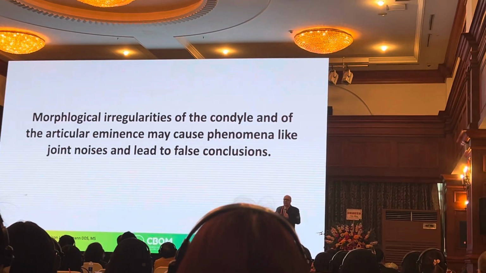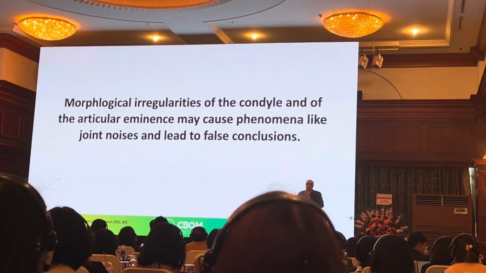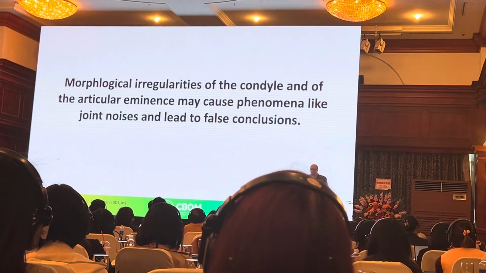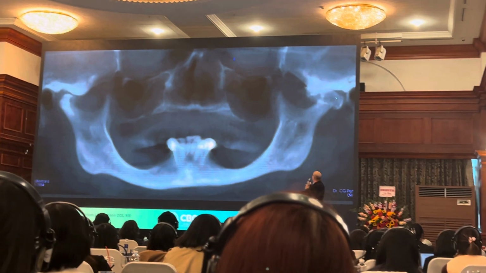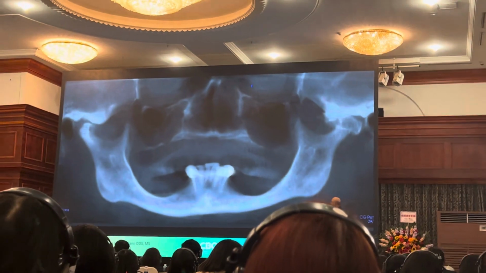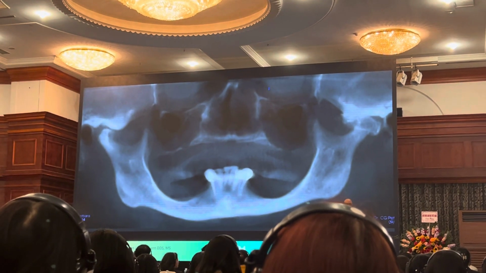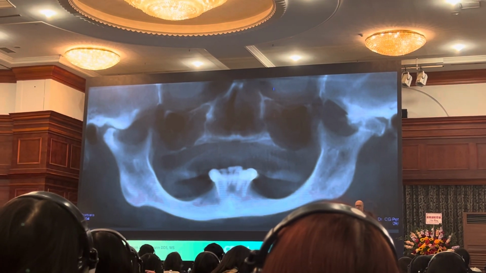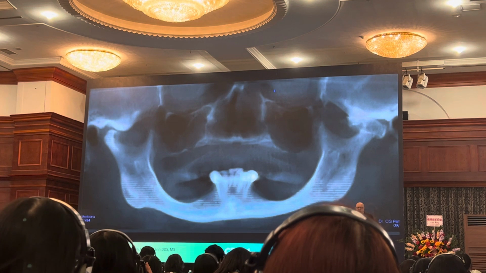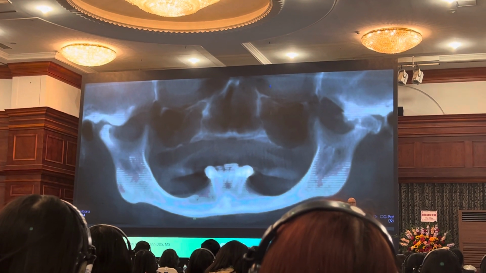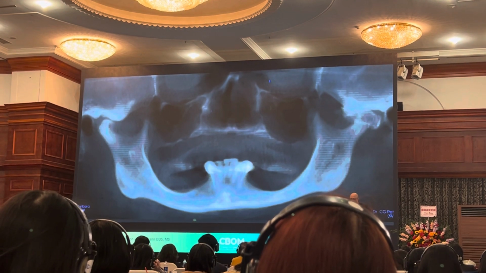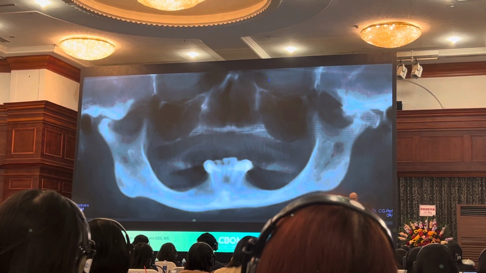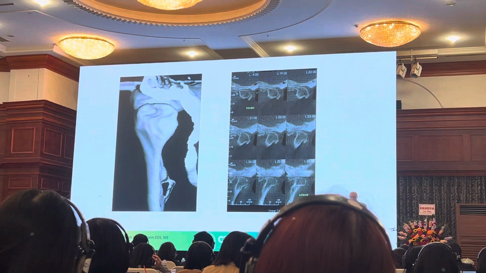Sometimes it's just a structural bone-to-bone problem, like we can see in this patient here, for example, a hyperplasia of the condyle on this side. This is certainly not going to function absolutely normally, and it will generate many different noises in the joint that we can sometimes confuse with a disc problem.